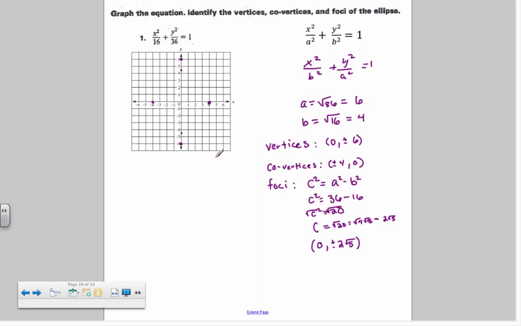Now that I have plotted all my points, I simply connect my vertices and covertices to make an ellipse. I apologize because I'm not fabulous at making curves on the computer, so my ellipse is not going to be beautiful. But after you make those connections, your ellipse should look like an ovular or elliptical figure, like so.